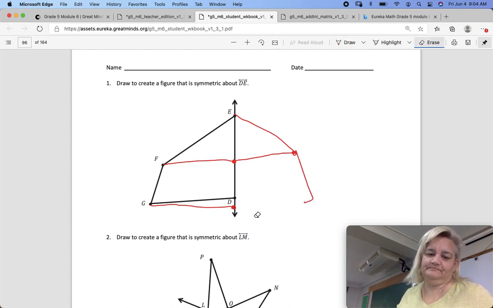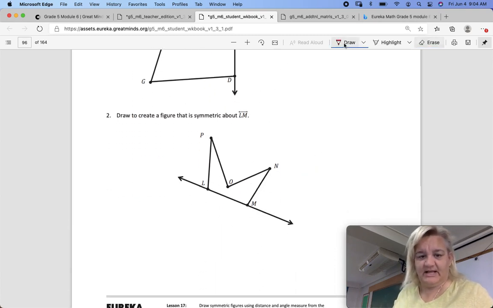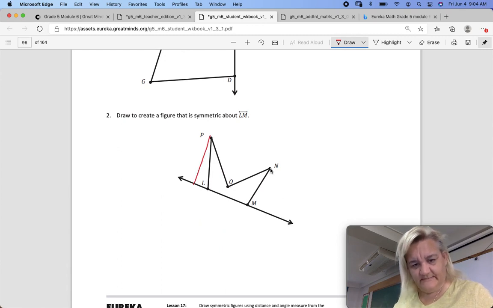So, angles are everything. This one is great. This one's great. I'll do this one with you. Okay. So here's a 90 degree angle here. There's a 90 degree angle here. And then I also have this line here. So now I'm just going to repeat those 3 lines, 1, 2, 3, and then I connect the dots.